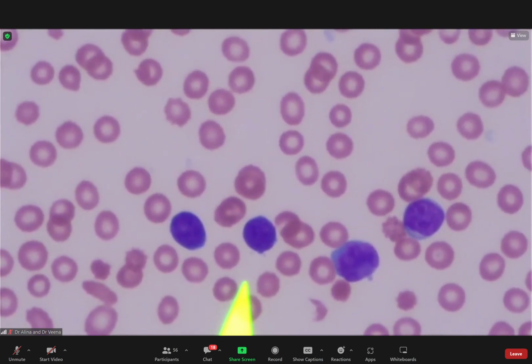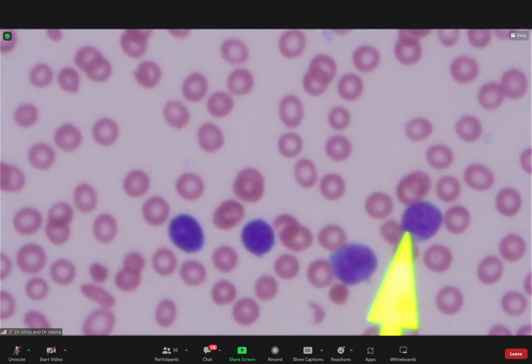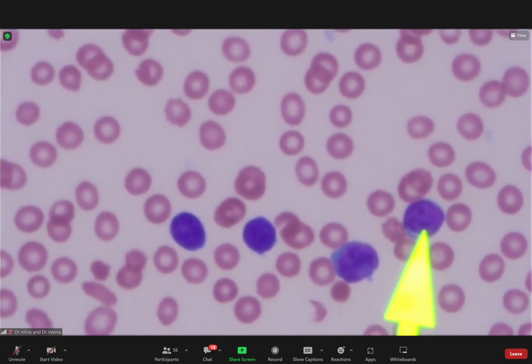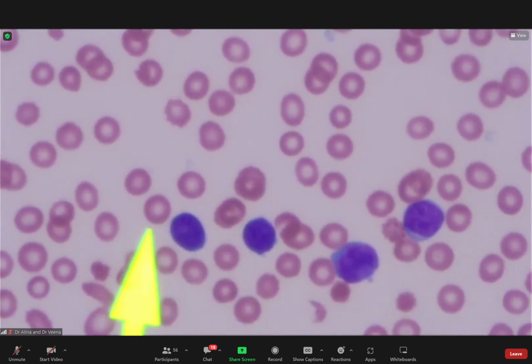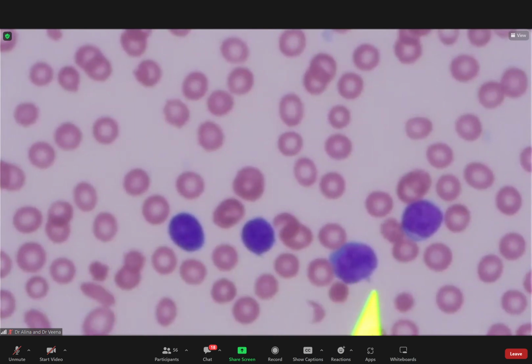So assume that if you put something at the bottom, you could probably see it because it's open. Yeah, it's open chromatin. Whereas the mature one, it's all clumped, so you cannot see through. So that's mature. So in LPD, you will have more of the mature lymphocytes, whereas the lacy one is lymphoblast.